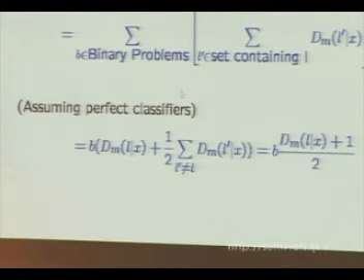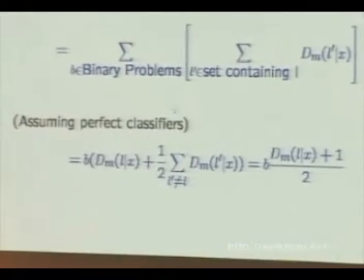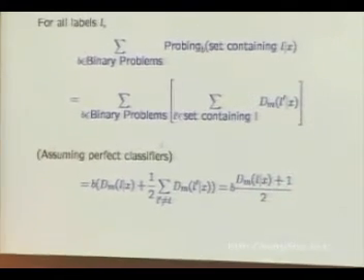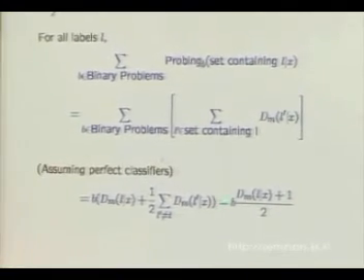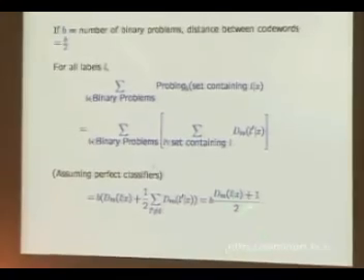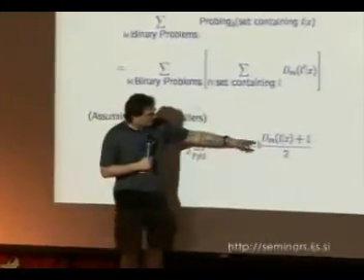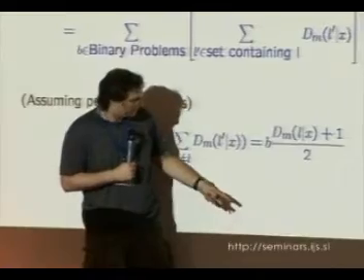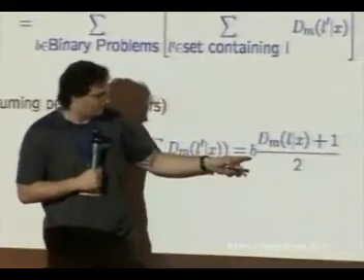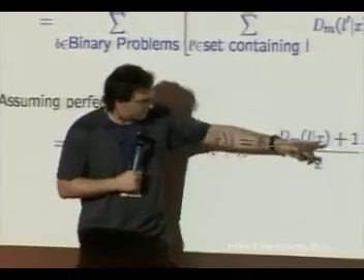Okay, so this says that if our binary classifier is perfect, then this quantity here is going to be this quantity here. So this quantity here is very interesting because this is the probability of L given X plus 1 divided by 2 times B. So you know what B is, you know what 2 is, you know what 1 is.